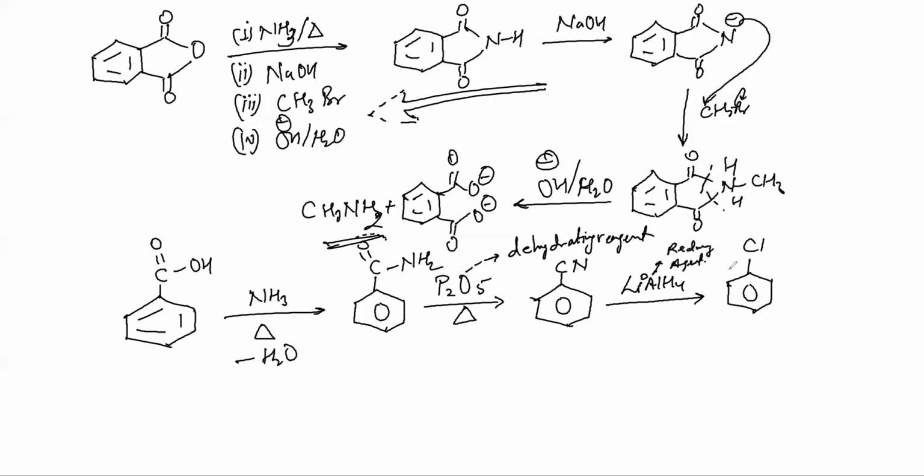Any nitrogen compound, if you perform its reduction, you 99% get amine. The product will be CH2NH2. Check notes, reduction of cyanides.